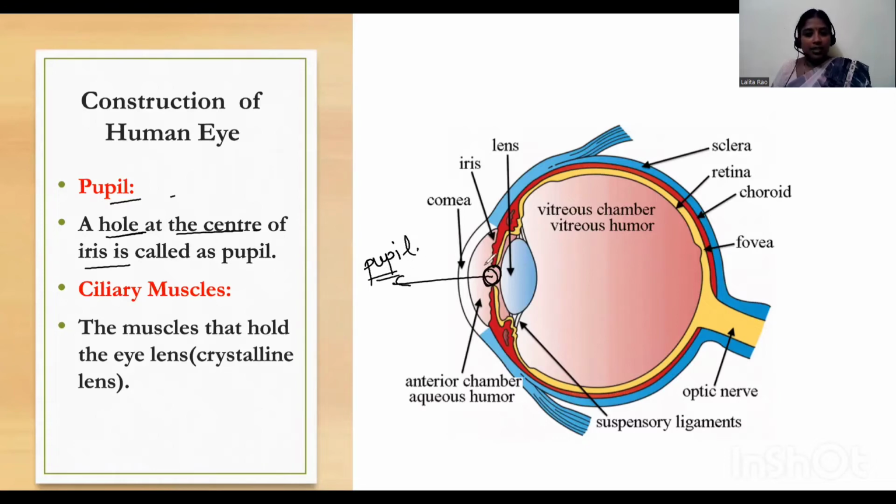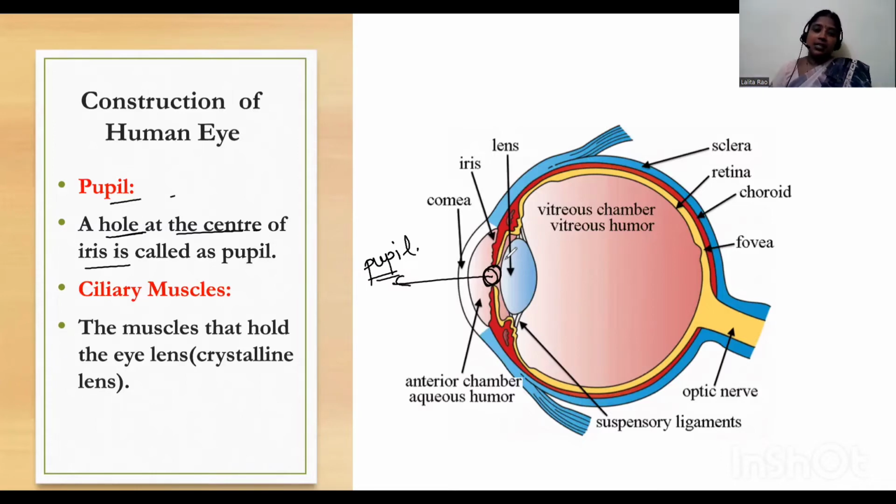When you enter a room with so much intensity, or a cinema hall with complete darkness, all of a sudden you are not able to see anything, but after some time your pupil relaxes and then you are able to see even in that darkness, right? This is because of the pupil which controls and regulates the amount of light entering the eye.